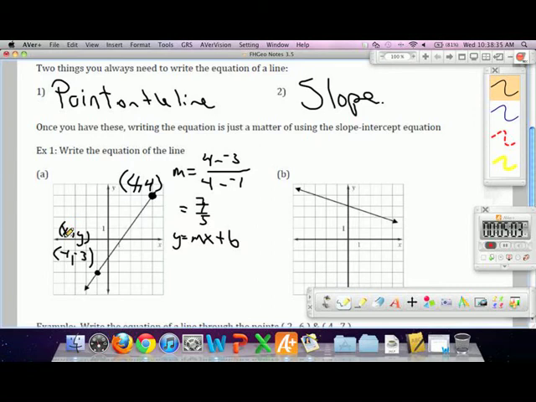So y is -3 equals slope 7/5 times x, which is -1, plus b. And figure out, 7/5 times -1 is the same as -1.4. -3 plus 1.4 is -1.6. That is b.